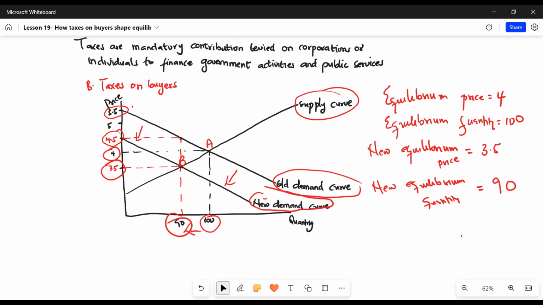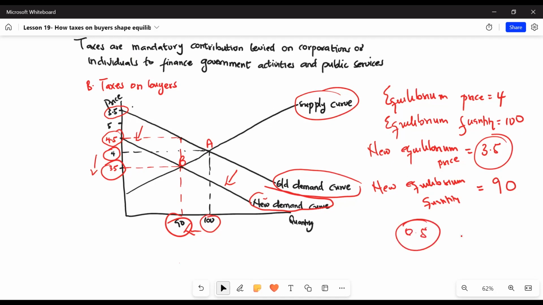But the tax on the consumer shifts the demand curve to the left by exactly the £1 tax margin. Now the new equilibrium price is 3.5, and this is going to be the price that producers will receive. So the price that producers receive falls from 4 to 3.5, and the difference is 0.5.